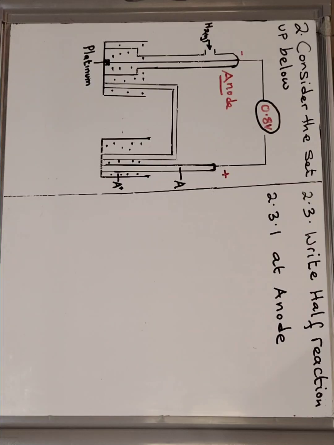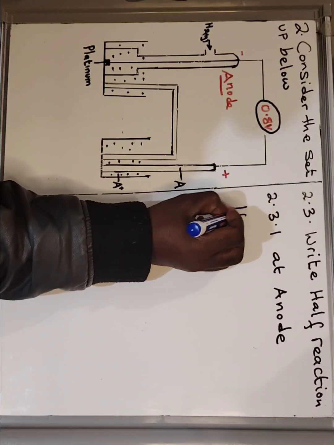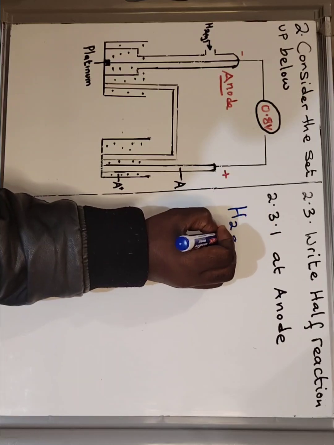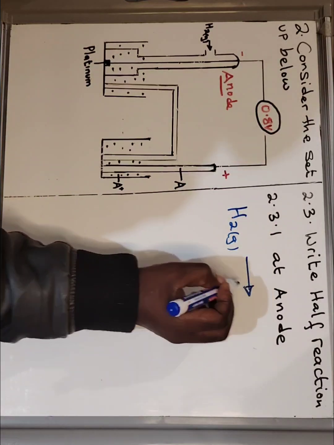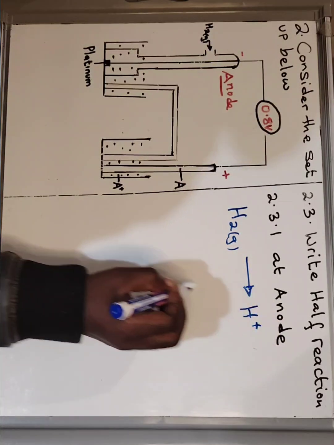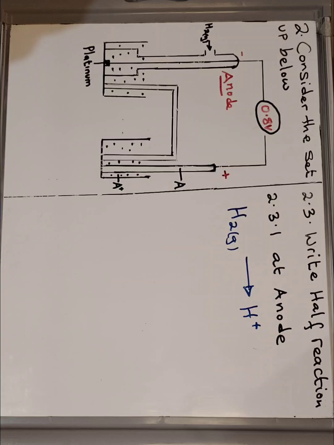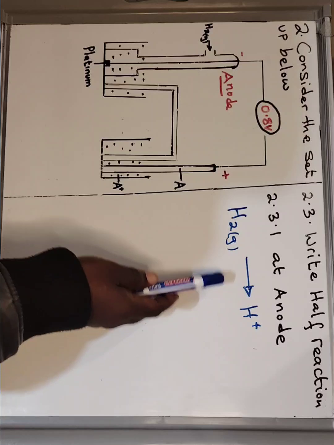Okay. We have a hydrogen gas losing electron to give you hydrogen ions. From the look we have here, it is apparent that this one is not balanced.